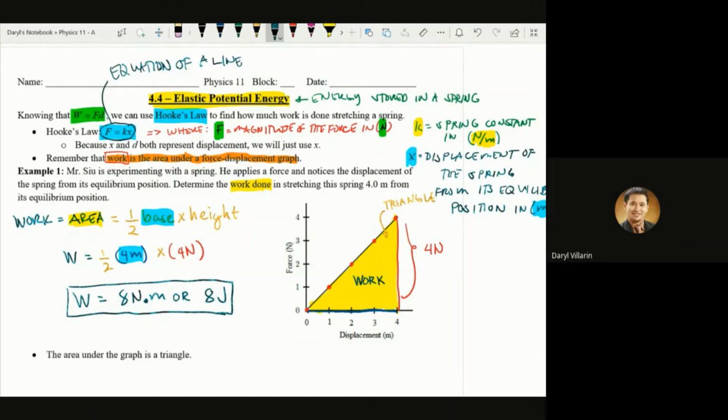That means that according to Hooke's law, if you increase the value of F, the value of X also increases by the same amount, because that's the characteristic of a straight line. So K is just a constant of proportionality, or your slope. So actually the slope of this one gives me the spring constant of the spring in this particular case. Okay.